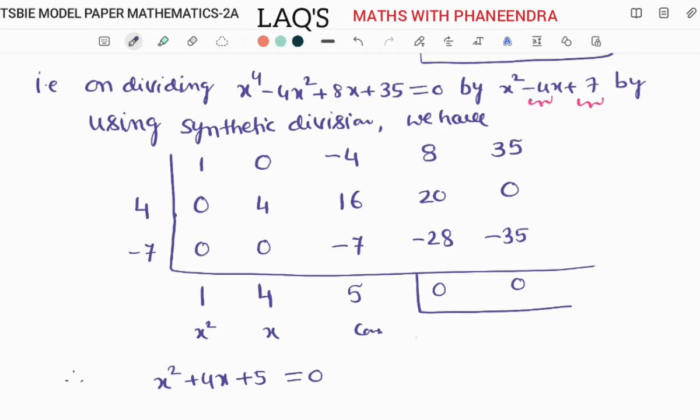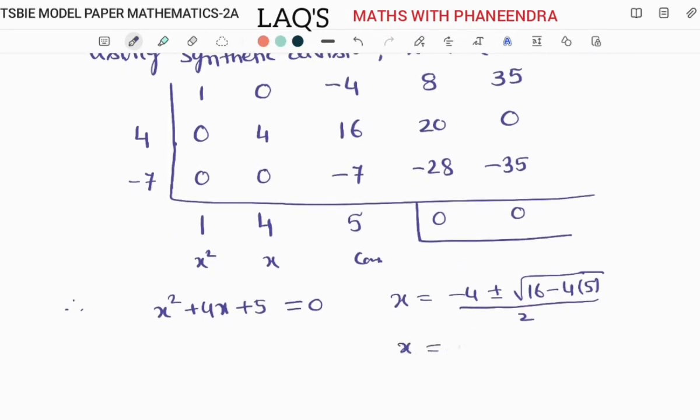So for these factors, we can write x is equal to minus b plus or minus root over b square minus 4ac, by 2a. So minus 4 plus or minus root over 16 minus 4 into 1 into 5, by 2 into 1. So x is equal to minus 4 plus or minus root of 16 minus 20, which is minus 4. Minus means i square. 4 you can take outside. So x is equal to minus 4 plus or minus i into 2 by 2. Take LCM.